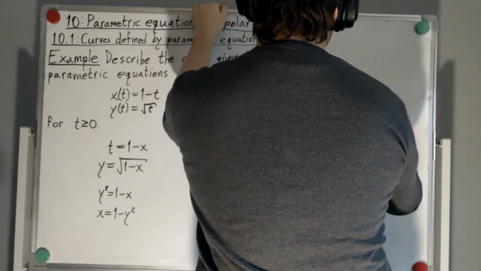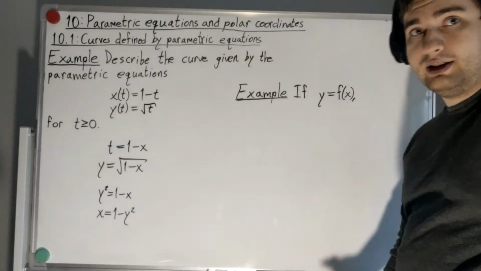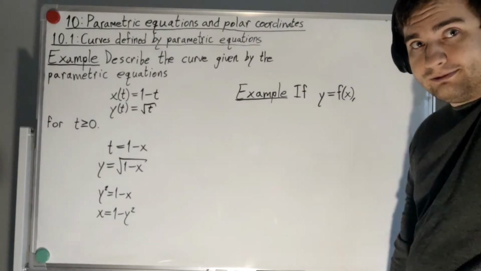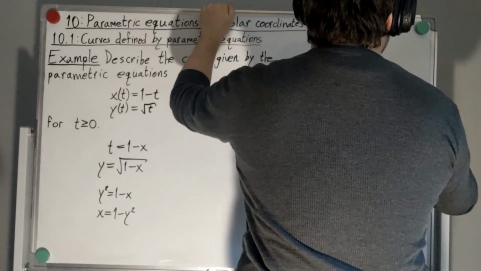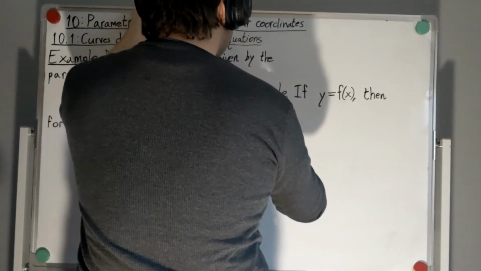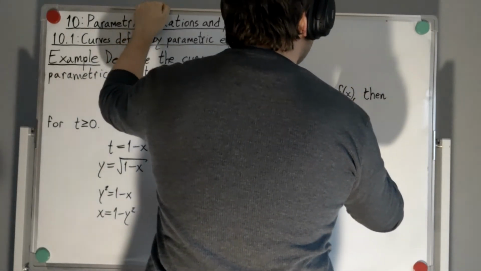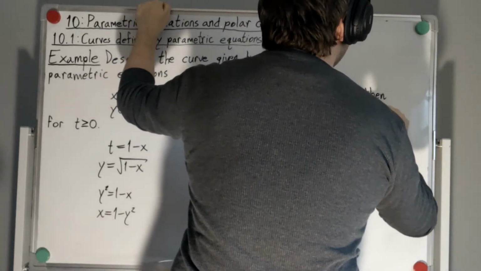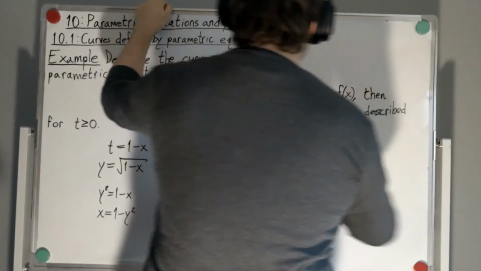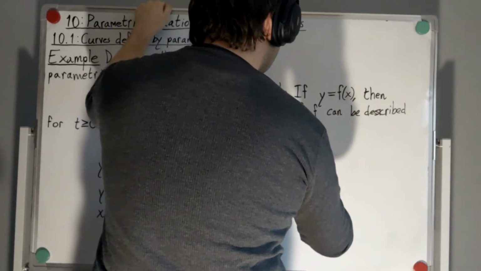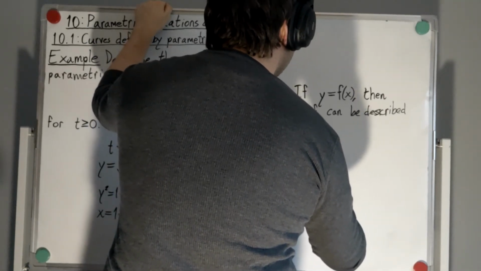if y equals some function of x, well, that's some curve. It's going to be the graph of some function in the xy plane, right? Then the graph of f can be described by x of t equals t and y of t equals f of t.